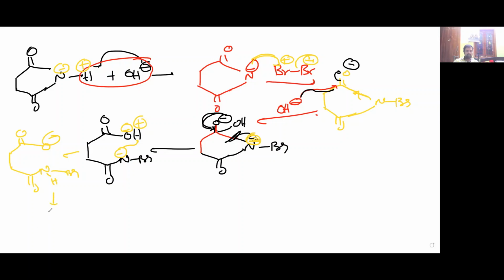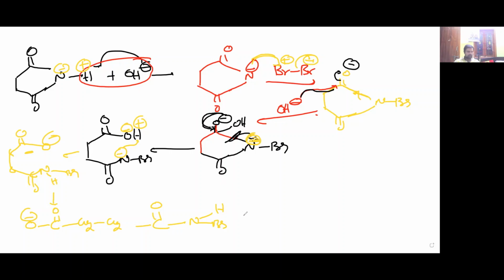For my convenience, I will write it like this. C double bond O minus, here CH2, CH2, C double bond O, NHBr.